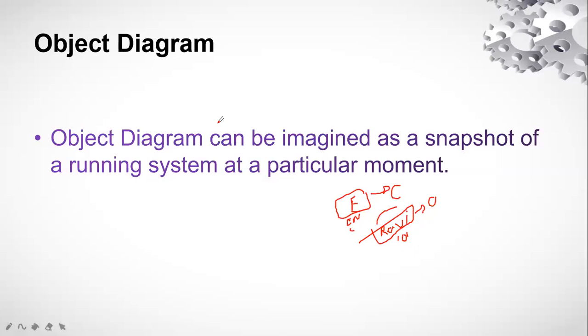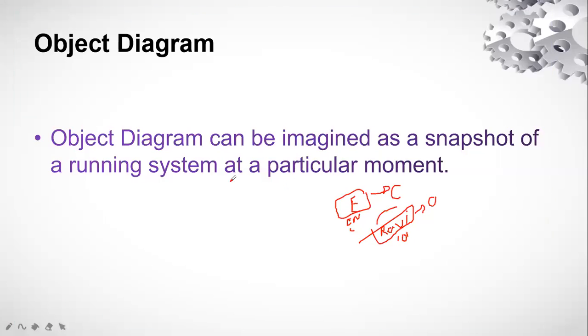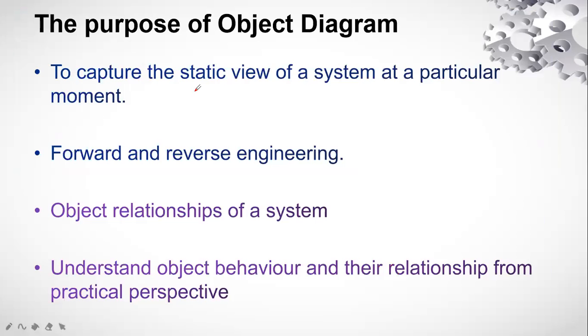So now what is the object diagram going to define? Obviously, the object diagram is going to define the instance of the class, right? Now, the object diagram is almost similar to the class diagram in the concept that it captures the static view.